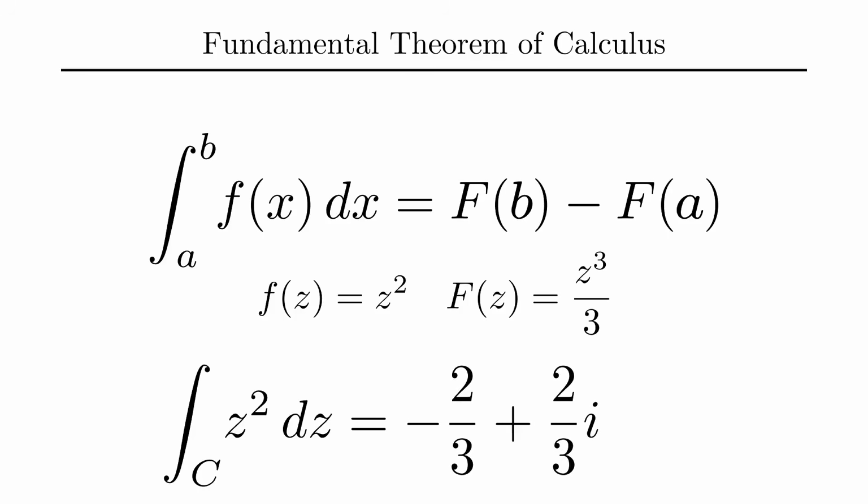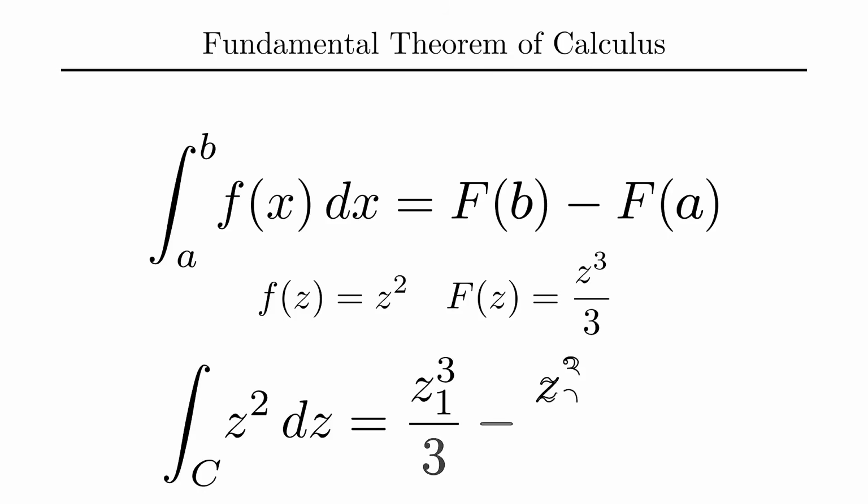Indeed, it's actually the case that the real fundamental theorem of calculus carries over to the complex function z squared with no modifications. That is to say, if c is a curve from z0 to z1 in the complex plane, then the integral of z squared dz over the curve c is exactly z1 cubed over 3 minus z0 cubed over 3.